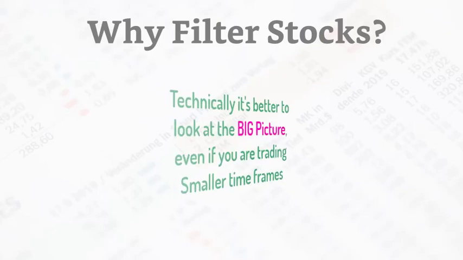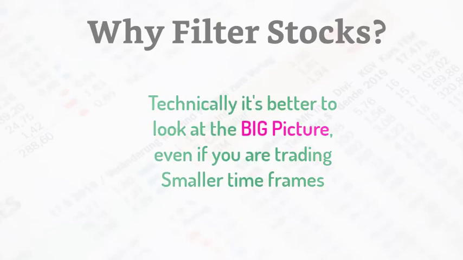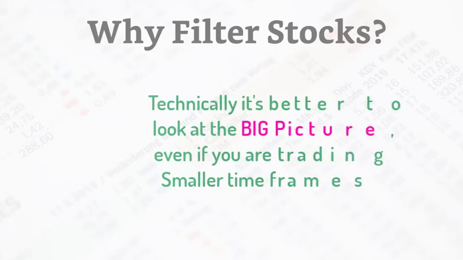The second reason is technical. Although you can find trends in intraday, the price generally has the tendency to travel in the direction of higher time frames. So it would help us to trade the stocks after taking a look at the big picture.